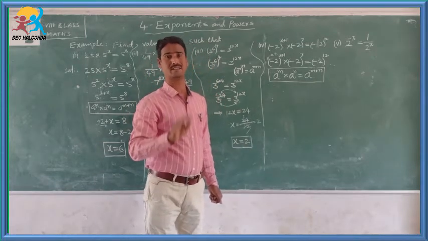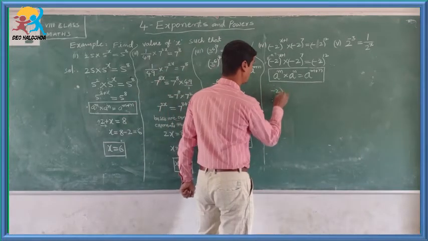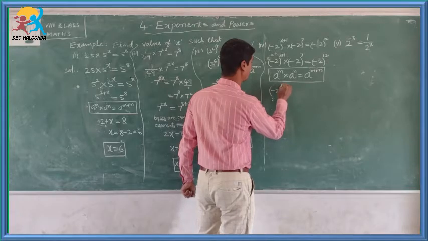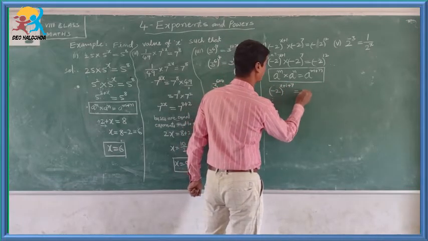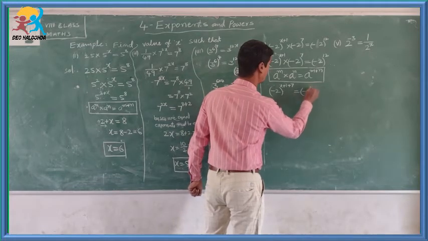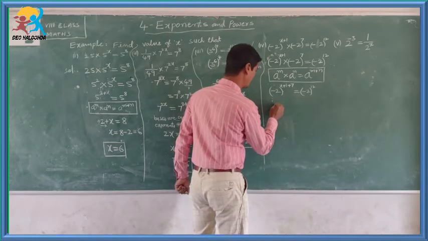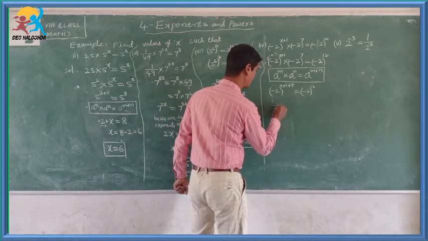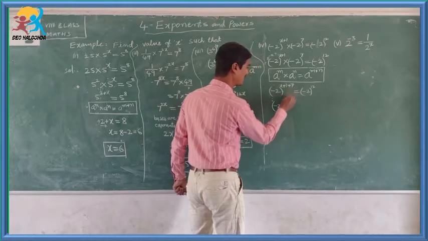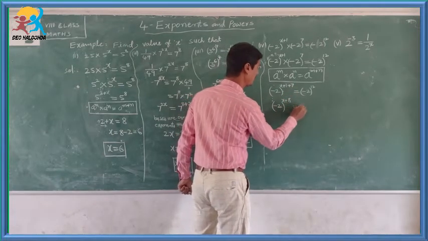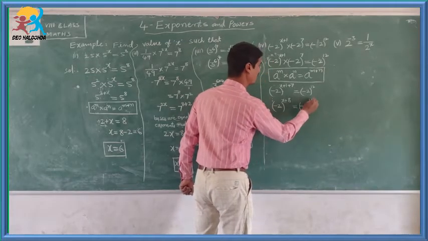So (-2) to the power of x plus 1 plus 7 is equal to (-2) to the power of 12. Here x plus 1 plus 7, that is x plus 8, equals (-2) to the power of 12.